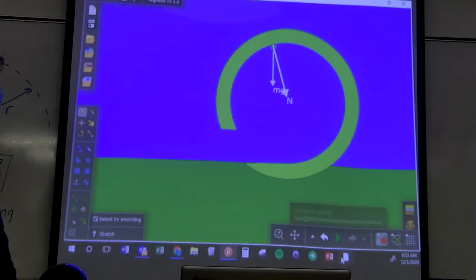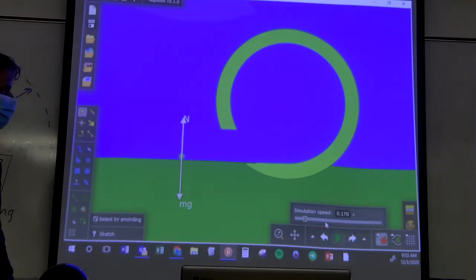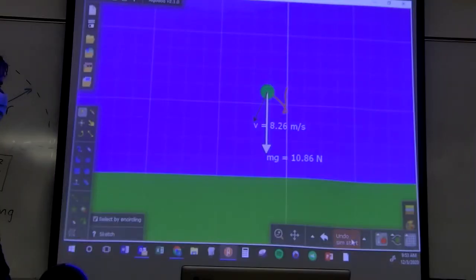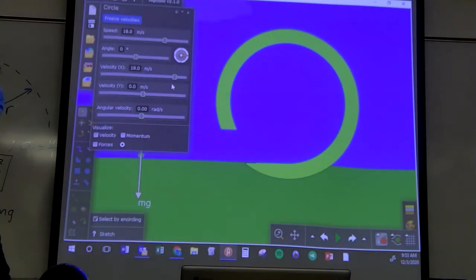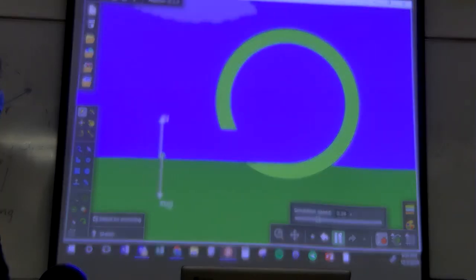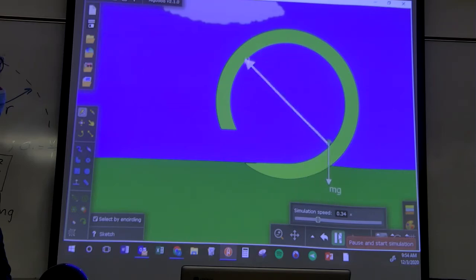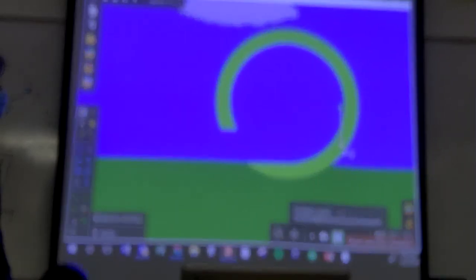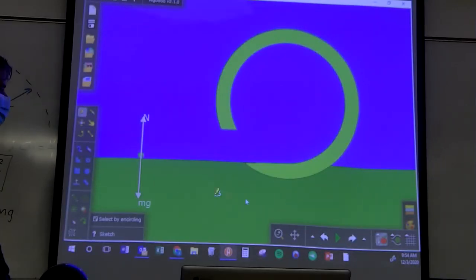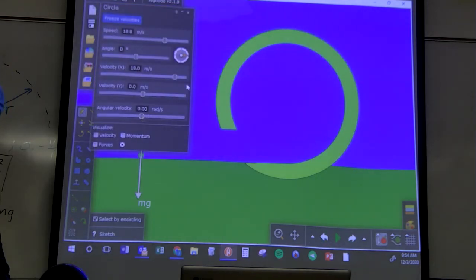But again, if I don't have the speed necessary to get through the loop, then you're going to have a bad day. You don't have enough speed. Oh, the normal force never became zero, because he didn't even have enough speed to get there.